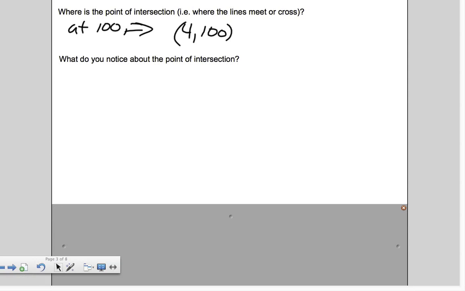This is the key point here, this key question. What do you notice about this point of intersection? Yes, it's where the lines meet visually, but conceptually, what do you notice about this point of intersection? What does it actually mean?